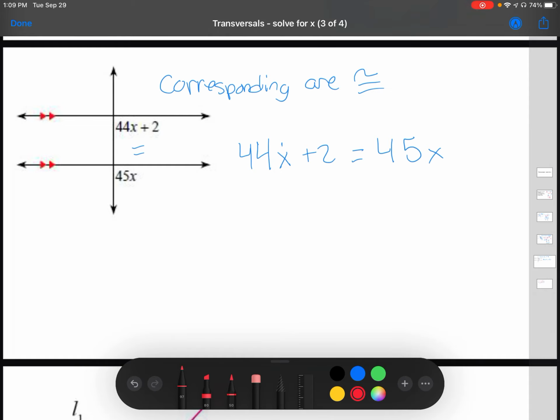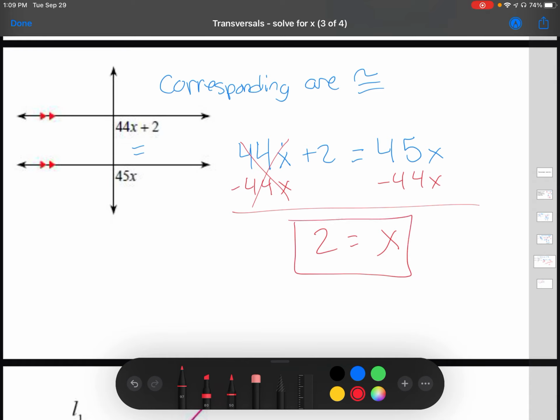Distribute, no. Like terms, no. Move a variable, yes. I do need to move a variable. I'm going to minus the 44x from this side and put it on the other side. So 2 equals 45 minus 44 is 1x. And that's x is by itself, so we can stop right there. So x is 2 for this one.